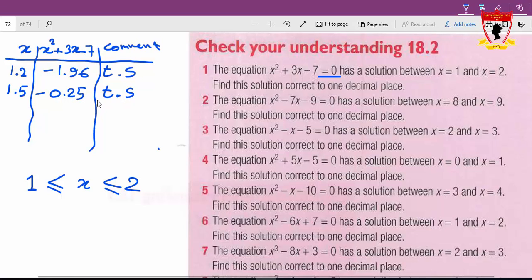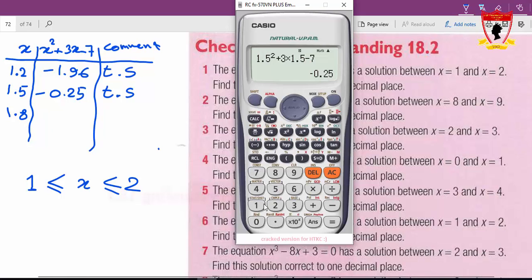This result is smaller than 0, less than 0, so we comment it as too small. Then more than 1.5, let's pick 1.8. You are free to pick whatever number you like between 1 and 2, until you get something either exactly 0 or too close to 0. Let's try 1.8.